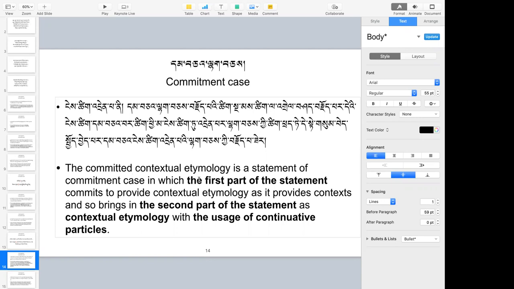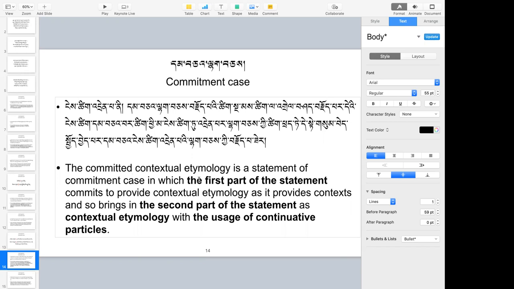A particular explanation is given, and then an etymology, a word, is provided that stays true to that context. And so it's called the contextual etymology here.